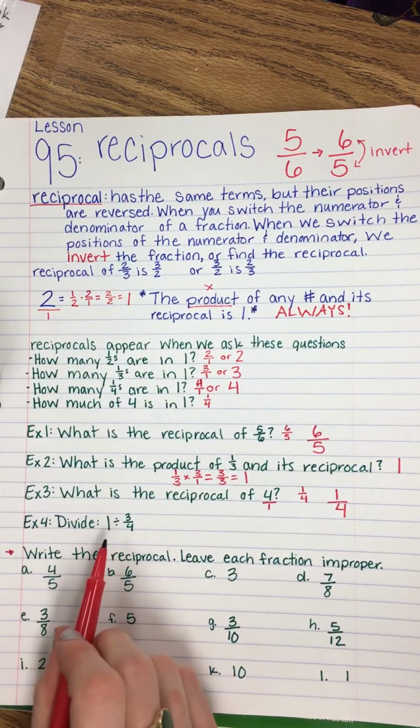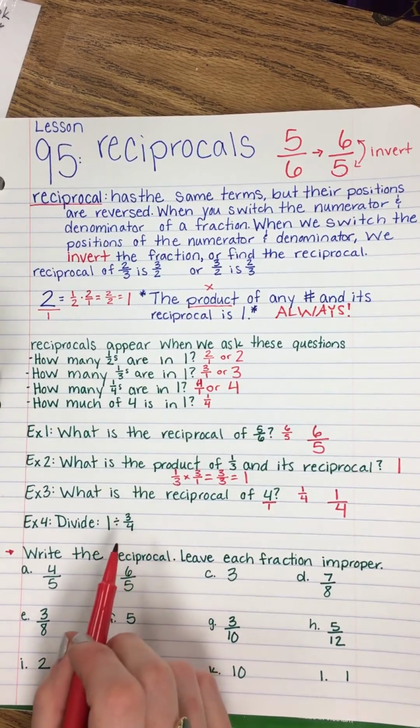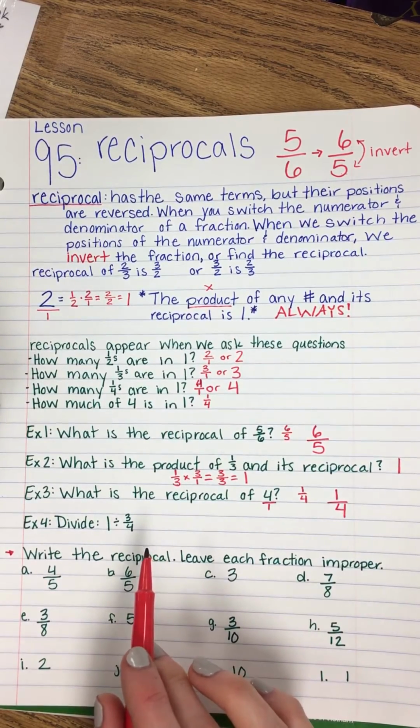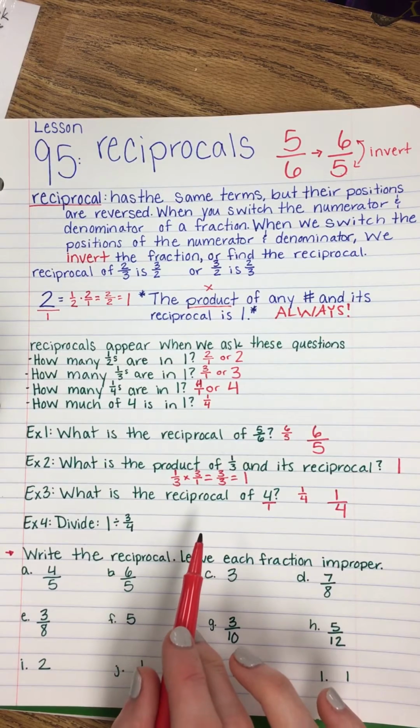Example 4, 1 divided by 3/4. This problem means how many 3/4 are in 1. When we divide 1 by any number other than 0, the quotient is the reciprocal.